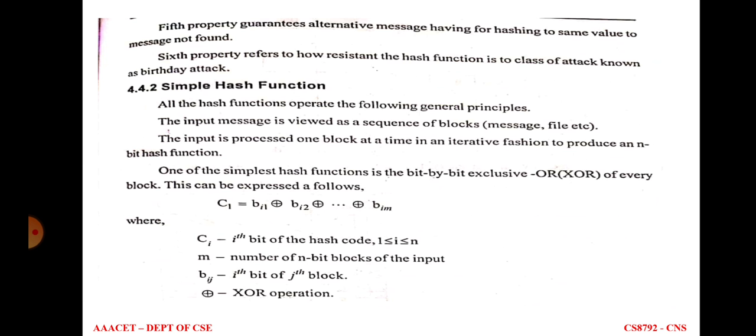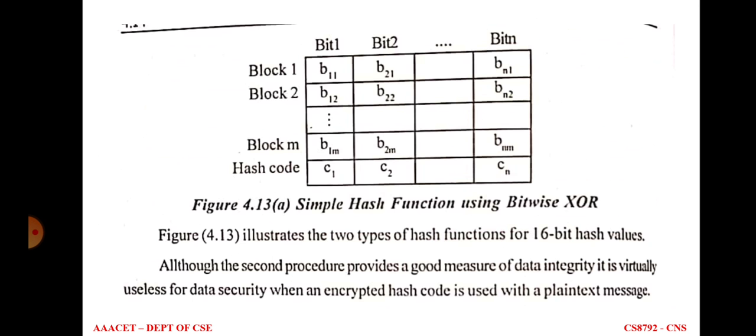So the final output Ci, the ith bit of the hash code, is equal to Bi1 XOR Bi2 and so on. B refers to the block. So Bi1 is the first block, Bi2 is the second block, and the plus symbol is the XOR operation performed on all individual blocks, and finally we concatenate all the blocks to produce the final value.